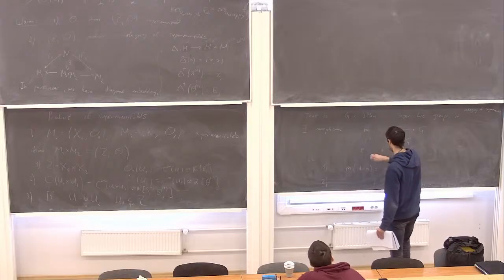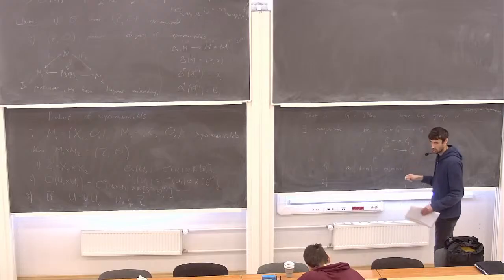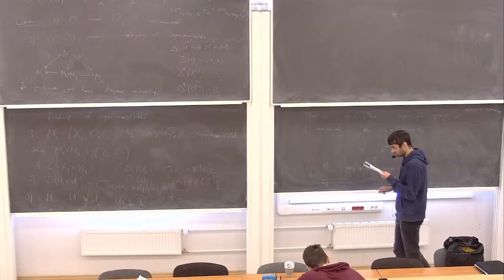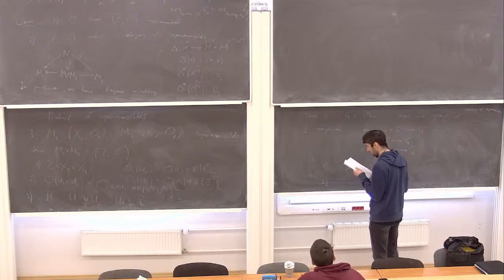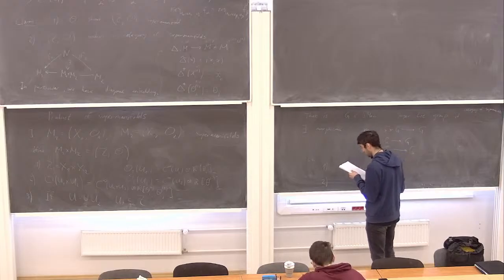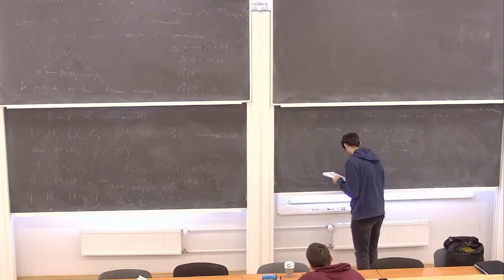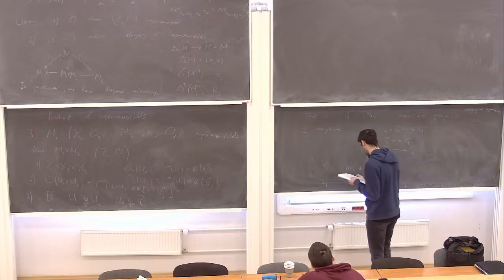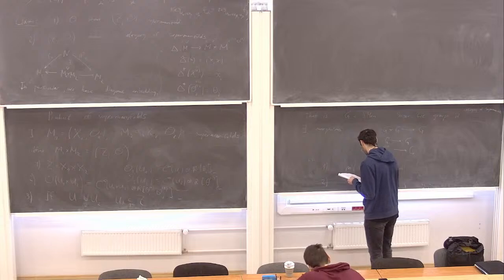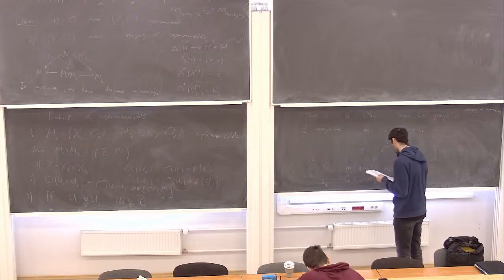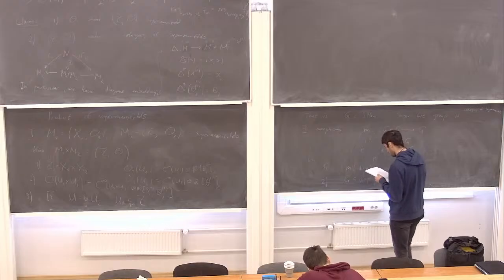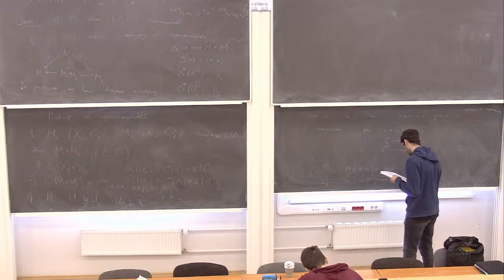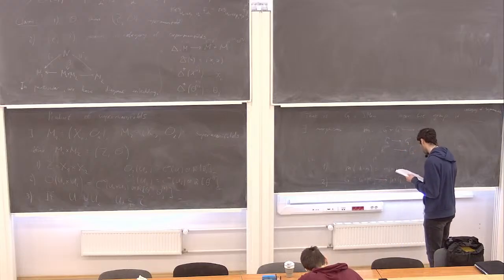Second, this really should be an identity in G, right? So it means that if I have G, I do the following composition, which is multiplication by identity from the right. So G is actually isomorphic to G times point. Then I map this by identity times E to G times G, and then multiply.